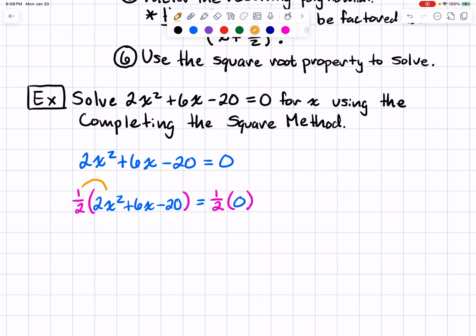So 1/2 times 2x squared is just going to be x squared. So I can now have x squared. 1/2 times 6x is just 3x. So plus 3x. And then 1/2 times negative 20 is negative 10. Equals 1/2 times 0 is 0. So that's step 1 done.